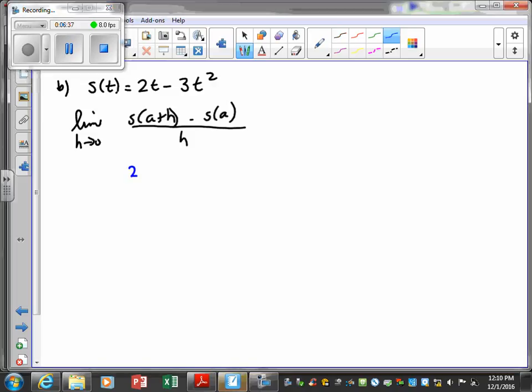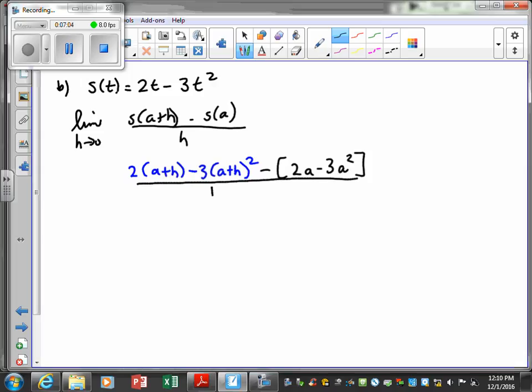That gives us 2 times (a plus h) minus 3 times (a plus h) squared, right? s of a plus h plugged into this would be that. And I have minus the original s of a. So that would just be 2a minus 3a squared, all over h.